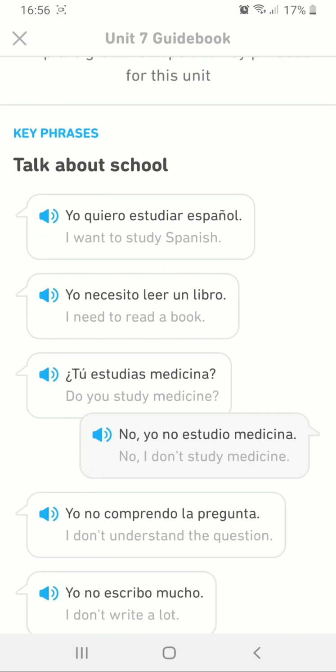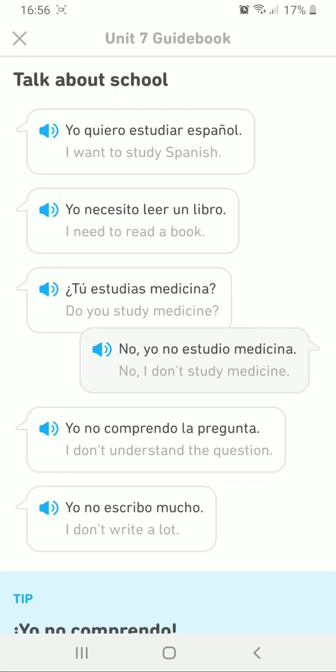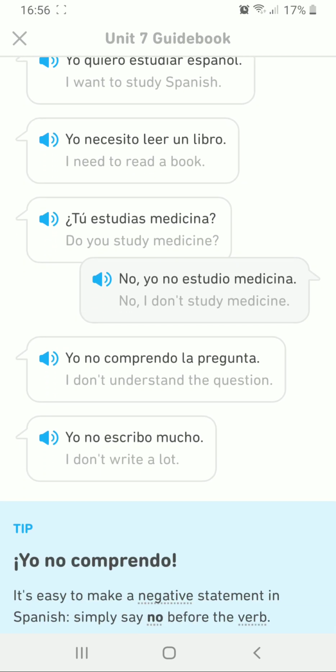So unit 7 guidebook, explore grammar tips and key phrases for this unit. Talk about school. Yo quiero estudiar español. I want to study Spanish. So yo necesito leer un libro. Yo necesito leer un libro. Libro. The B is pronounced as a V, as I tried to say at first.